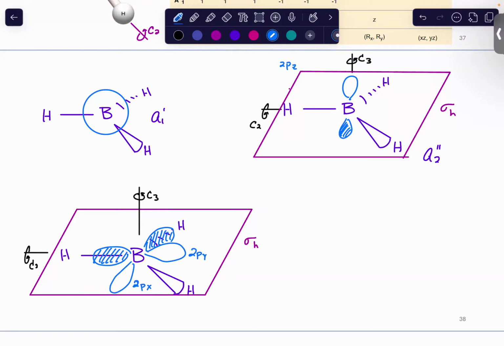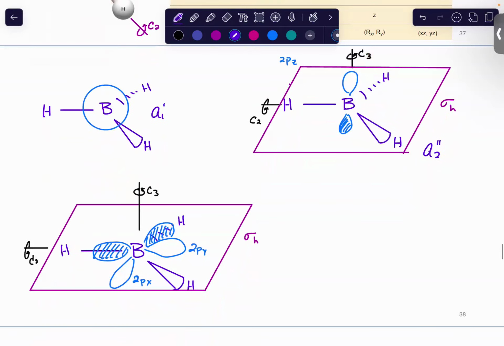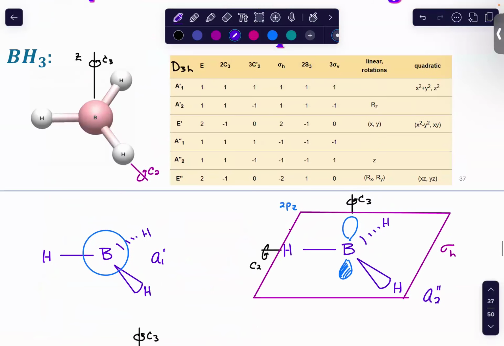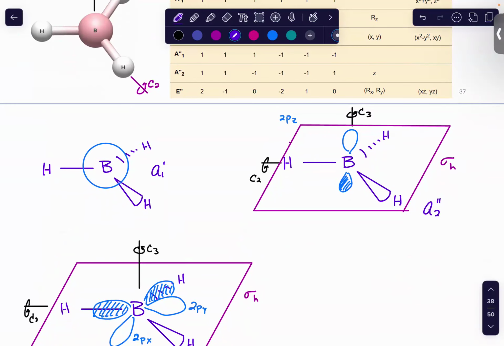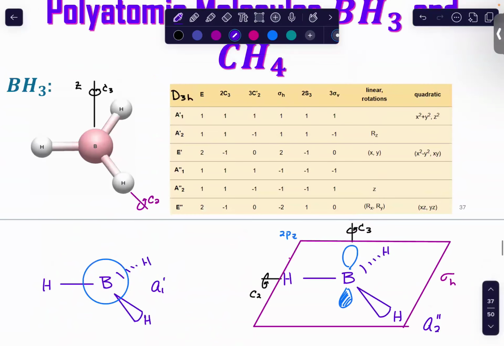Now, start looking at these. The C3, what does that give me? C3 will give you an inversion. Well, just look at the 2py. It kind of does a weird path thing, you just want that it changes.